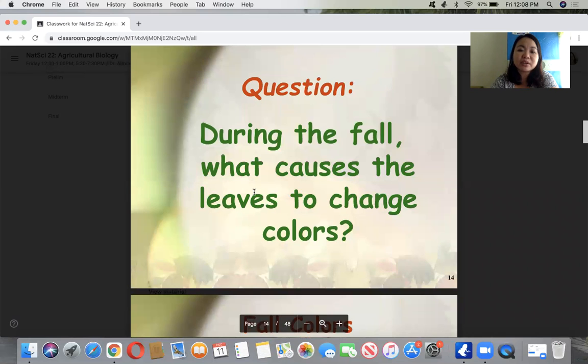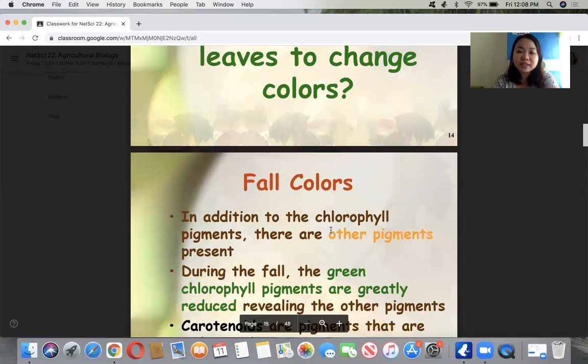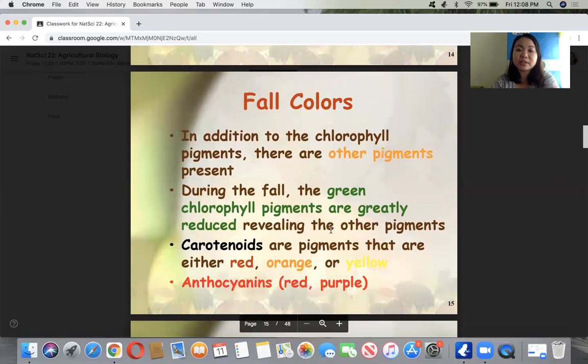During the fall, what causes the leaves to change colors? We all know about deciduous plants and evergreens. The evergreens will not change color throughout the year, but the deciduous trees or plants will change color from green to other colorful pigments, and eventually the leaves fall, like what you have seen in Korean movies and in some parts with beautiful fall colors of trees.